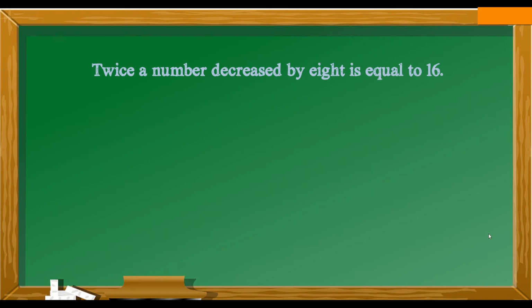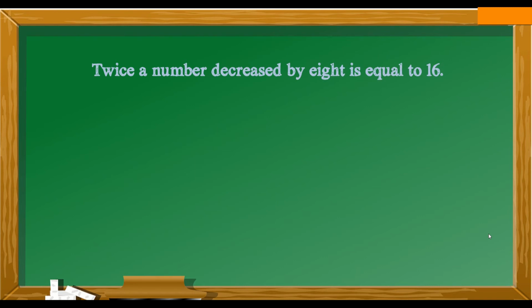Twice a number decreased by 8 is equal to 16. We need to translate this mathematical sentence into algebraic equation. First, identify the keywords, the numbers, and the variable used in this sentence.